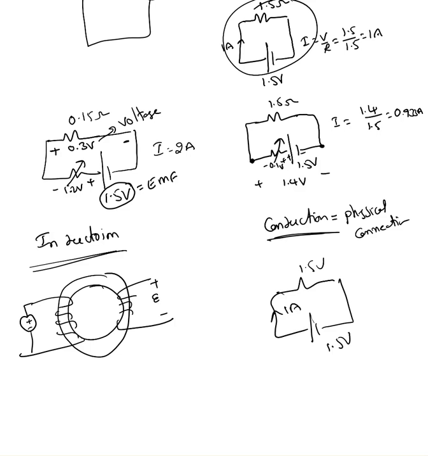That's called induction. Induction is nothing but no electrical connection, yet current is produced in the second coil because of the current flowing in another coil. Another way of saying this is that induction is current produced in a magnetic field by applying force, which is moving the conductor. That's the difference between conduction and induction.